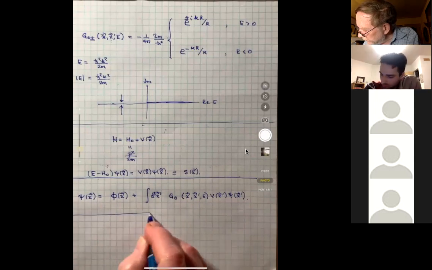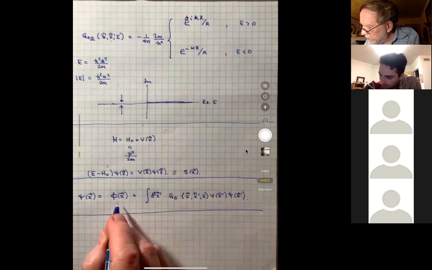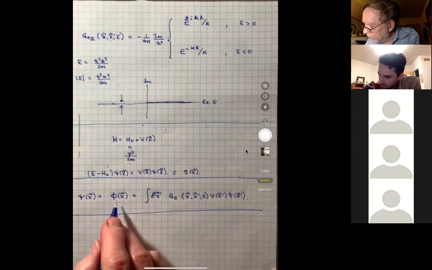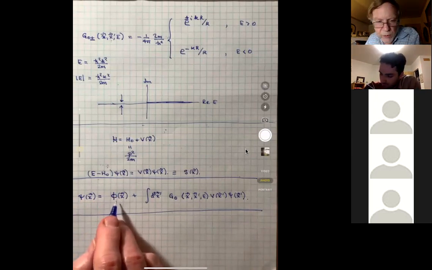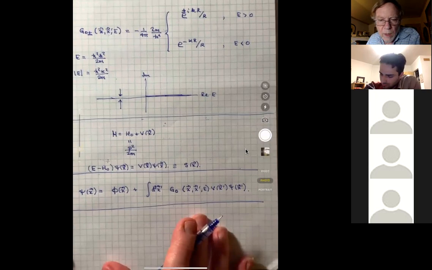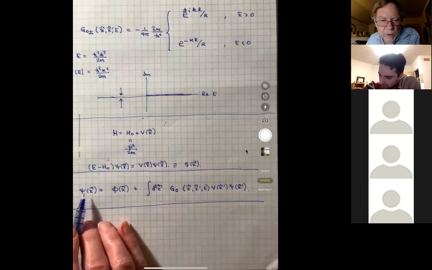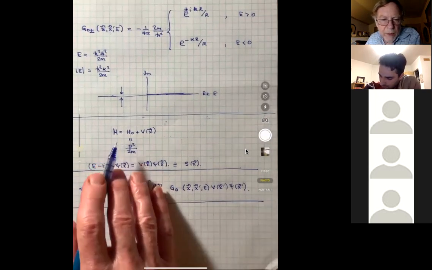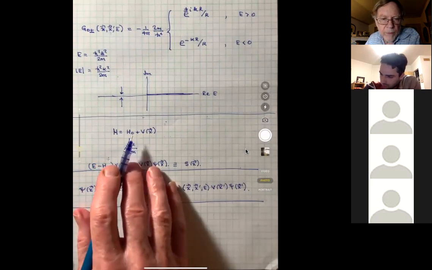Okay? And this is a homogeneous solution. It means E minus H0 on phi equals 0. So phi is a free particle solution, you see. I'll use psi here for the exact solution of the full Hamiltonian. I'll use phi for a solution of the free particle Hamiltonian.